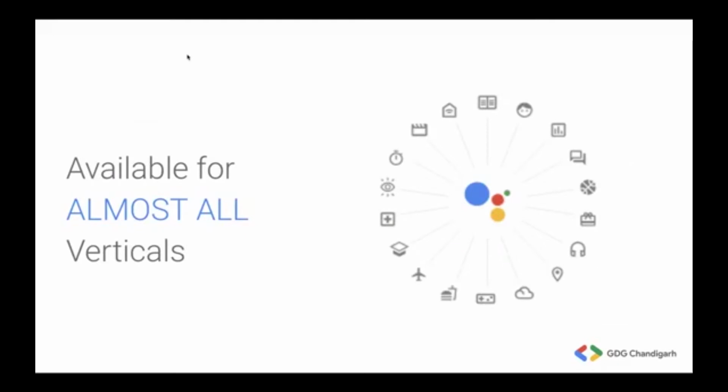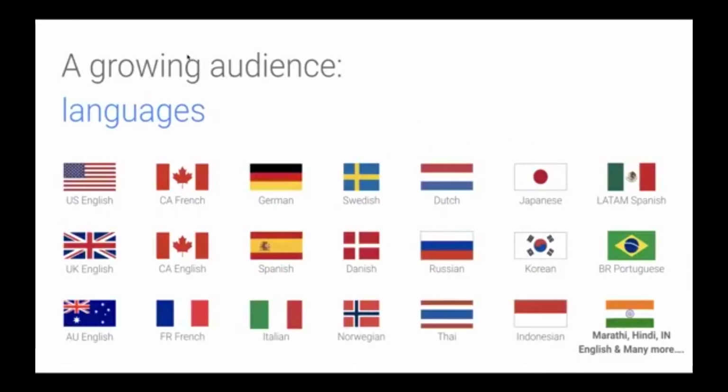These are the verticals where AOG, or I should say actions, are available. I'm slowing down a bit because the display of the slides should be appropriate. I hope everyone is able to see the language slide now.